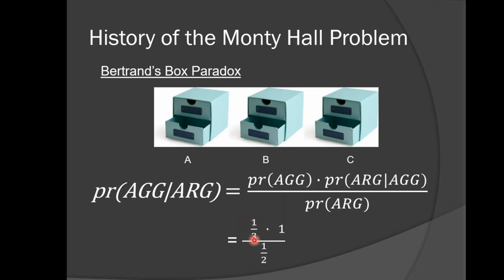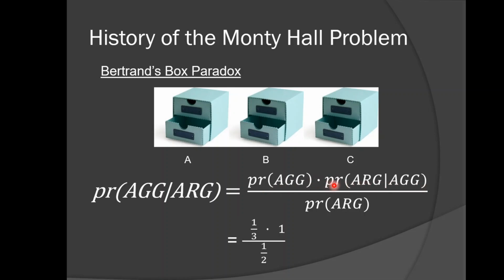Because prior to opening a drawer in box A, we know that one of these boxes has two gold coins, one of them has a gold and a silver coin, and one of them has two silver coins. So before any box has been opened, any drawer has been opened, A has a 1/3 chance of being the box that has two gold coins.